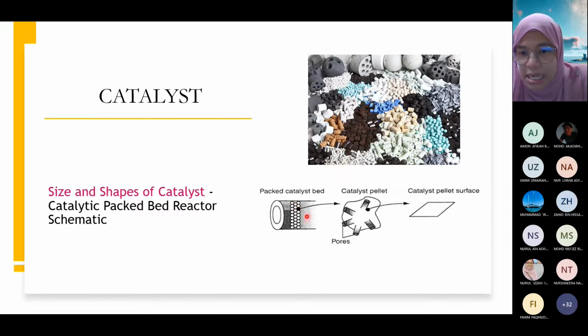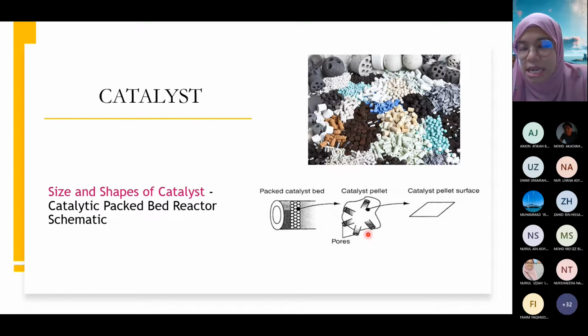And for these catalysts, you can see it is either non-porous or porous. Usually we will choose porous catalyst because we need to increase the surface where the reaction can occur. So that's why we choose porous catalyst compared to non-porous catalyst.